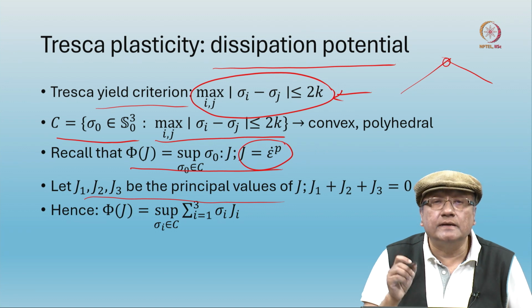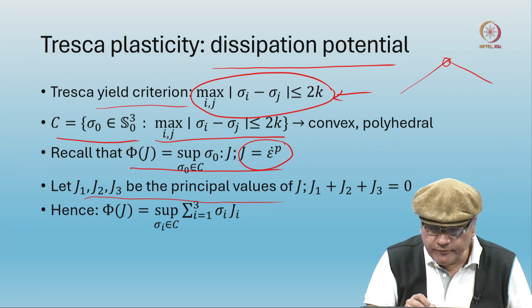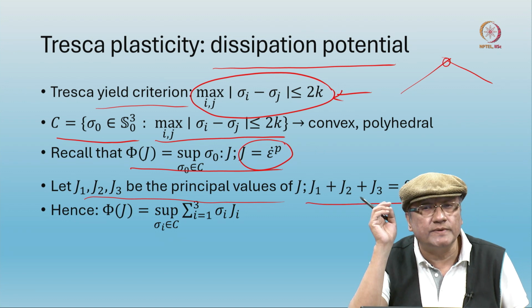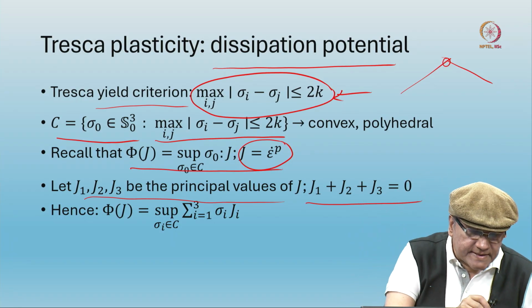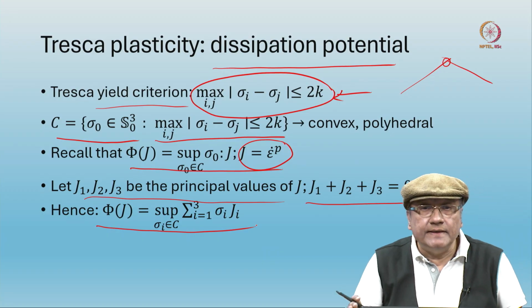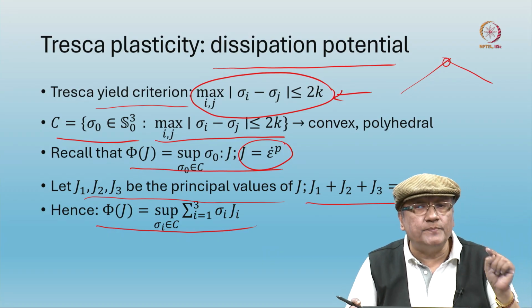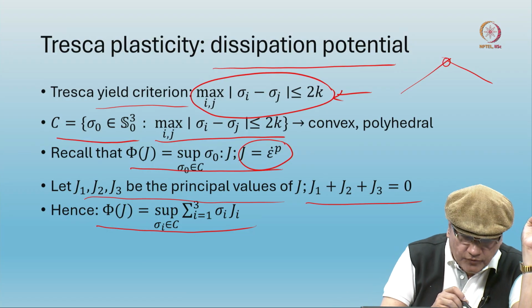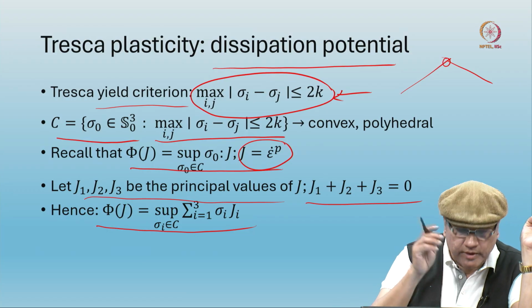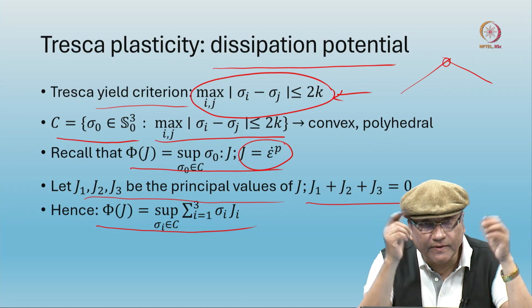Since the flow is incompressible, we can safely say that j1 plus j2 plus j3 is equal to 0. Therefore I can simply say that phi of j is the supremum over all such principal values, the sum over i equal to 1 to 3 of sigma i j i.